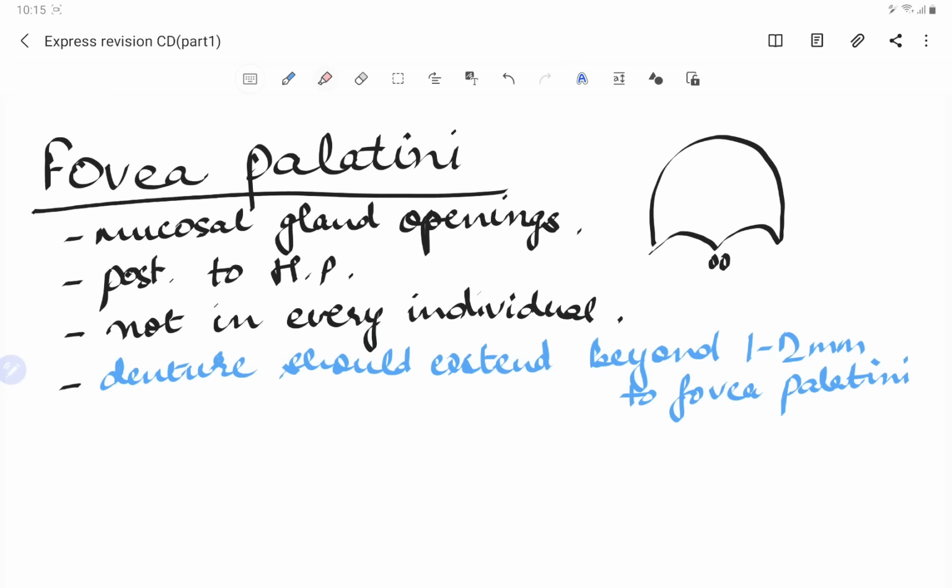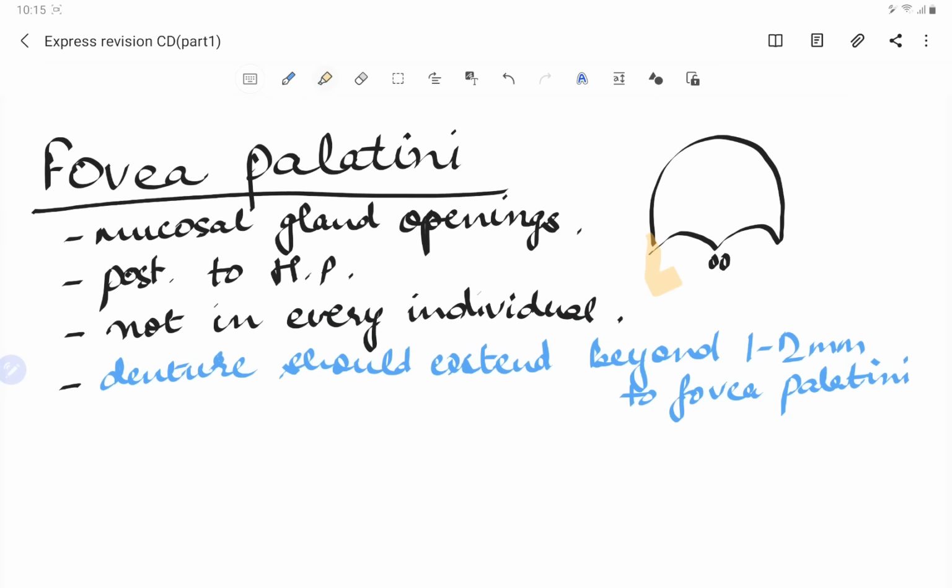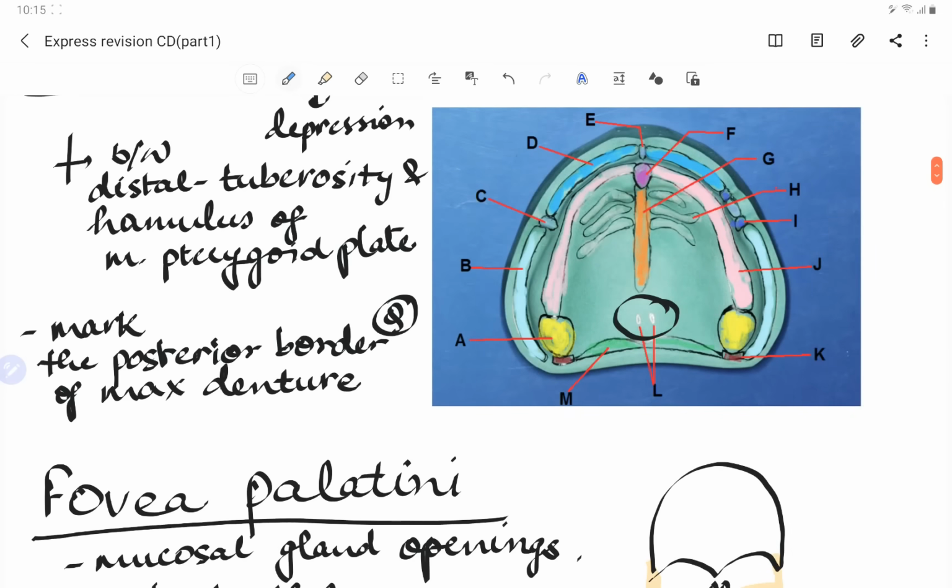If you forget it, you can see here, denture is going to extend 1 to 2 millimeters beyond the fovea palatini. Fovea palatini are prior to the posterior palatal seal area.